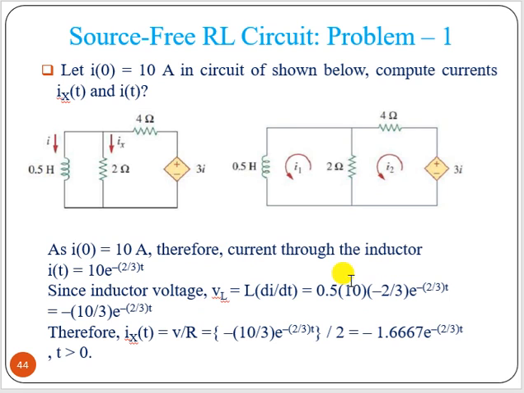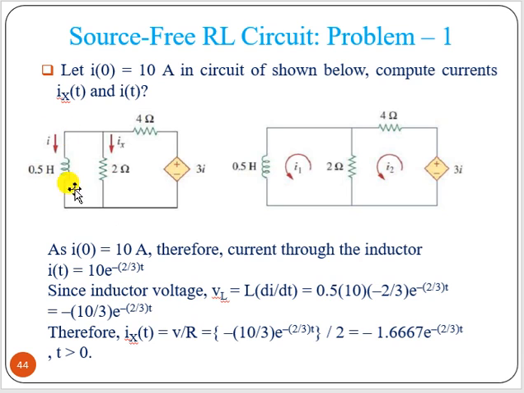So now I0 is 10 and we got the i(t) value. Now what is the voltage across the inductor? That is L di/dt. L is half, 0.5, and if we know the value of i, if we solve di/dt, we will get this equation.